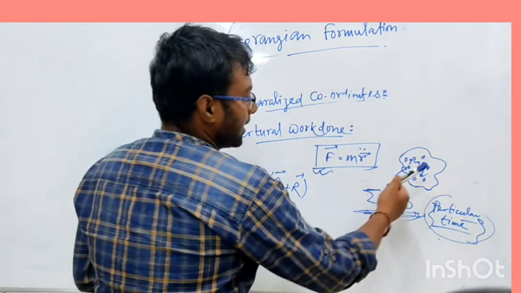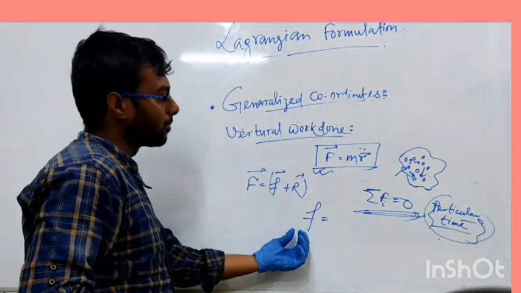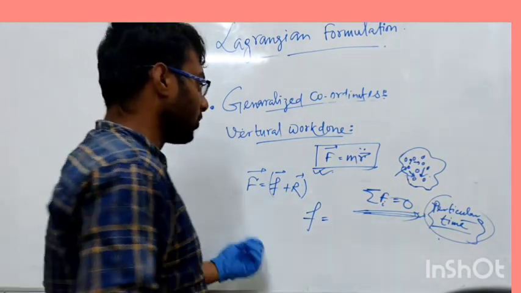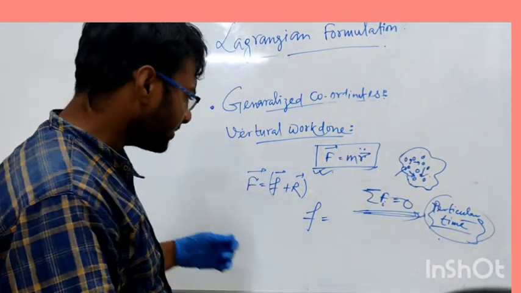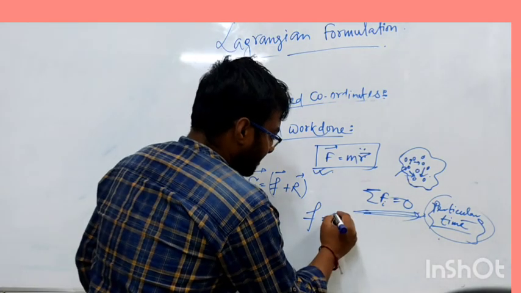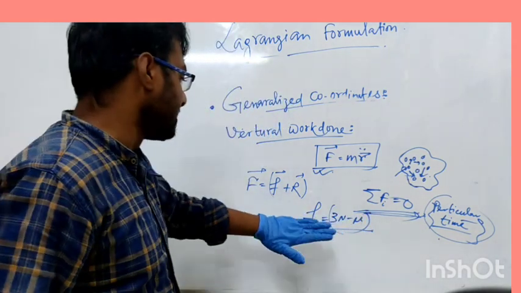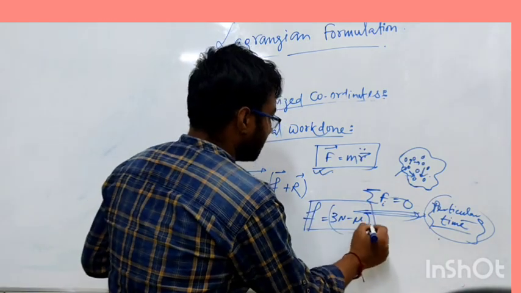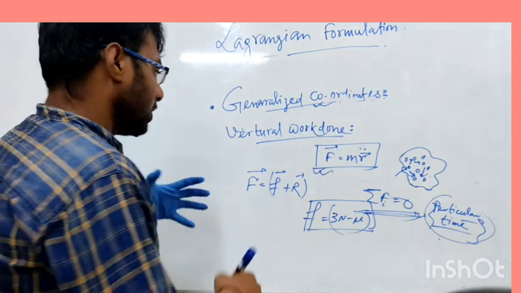If there is some interaction, we have to construct F number of equations to describe this phenomenon. So F equal to 3n minus b.